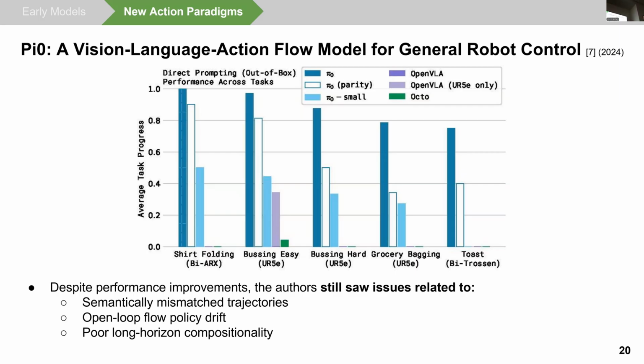So if you get to, I've at least folded the sides of the shirt, they might consider that half the task, or 20%. Yeah. They actually do not use average task progress on the website, but they use normalized score. So they might actually mean the same thing. It might just be the score from the rubric before, but they call it something else. Okay.